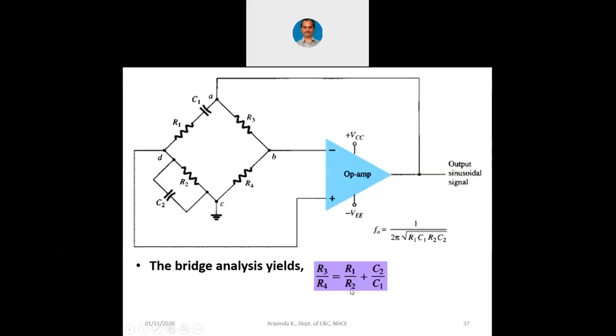If R1 is equal to R2 and if C1 is equal to C2, what is this formula going to become? This formula is going to become F0 equals 1 over 2 pi RC, because it is the square root of R square into C square.